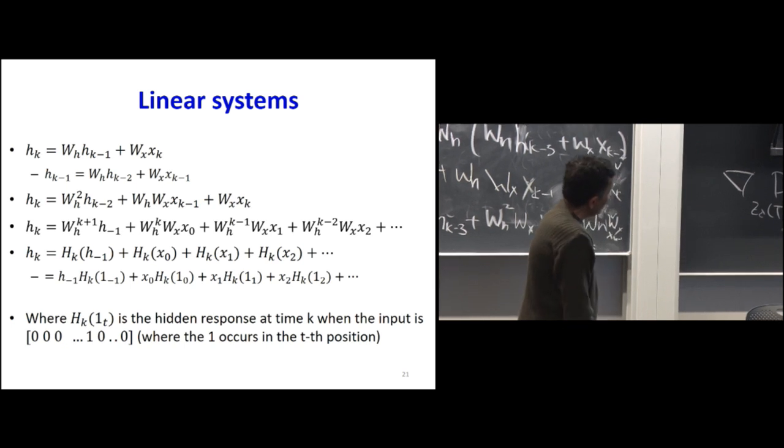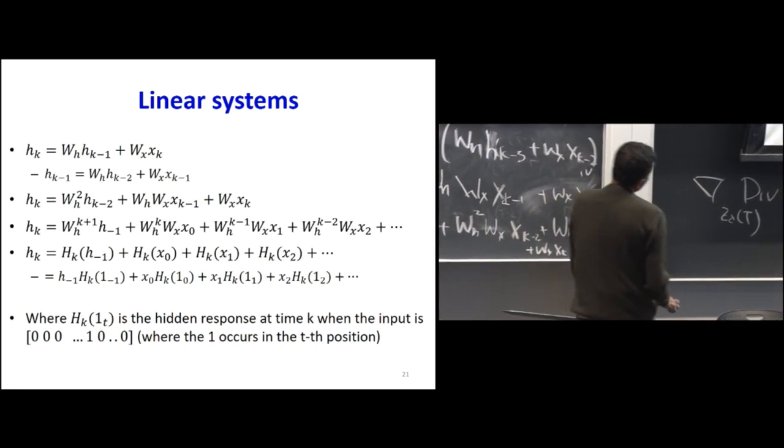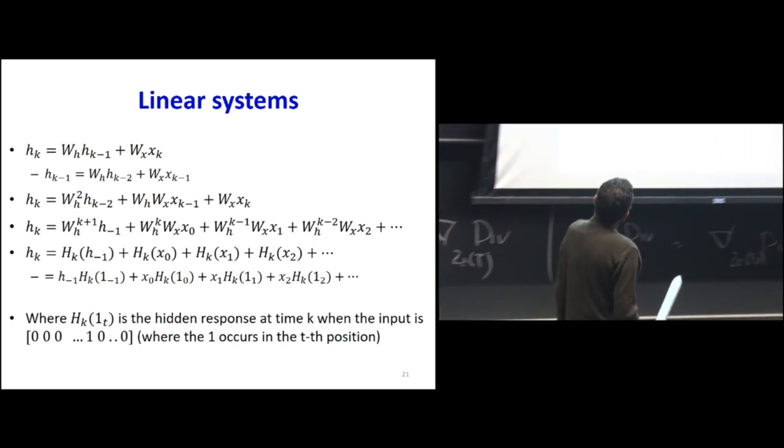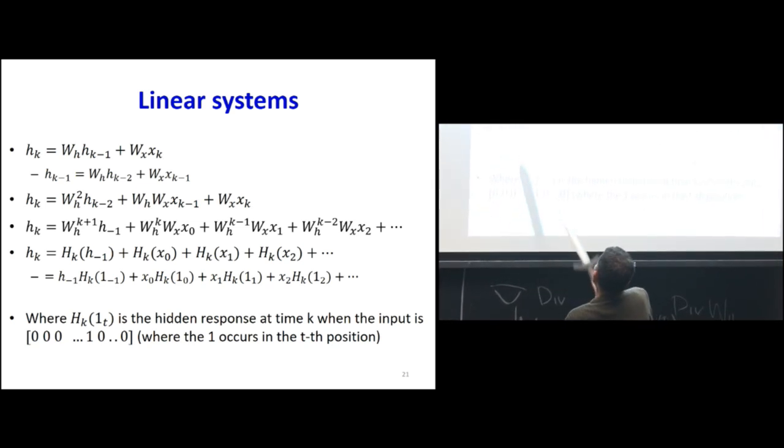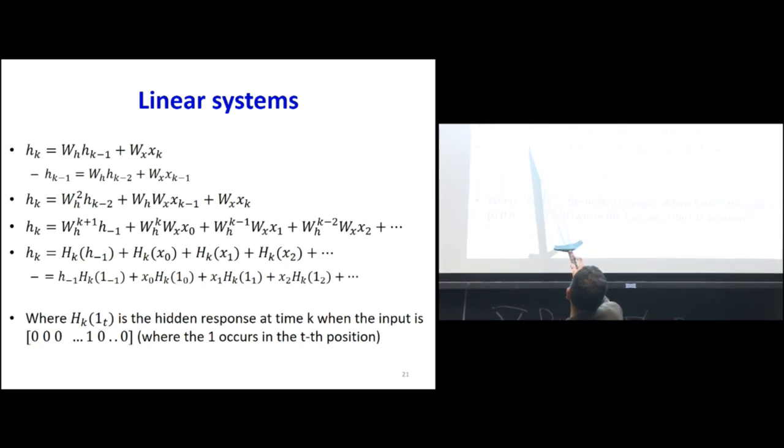Correct? And specifically, here's what you're going to find. It's WH raised to xk minus 1 times the initial value. Forget this.